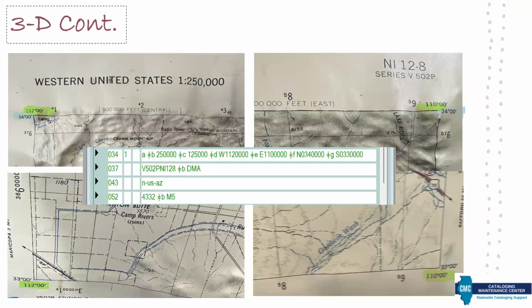So 112. E comes from the upper and lower right-hand corners at 110 and 110, and I highlighted those in green. F comes from the top corner of the map, and that's the latitude. I don't remember. And G comes from the bottom corners of the map.